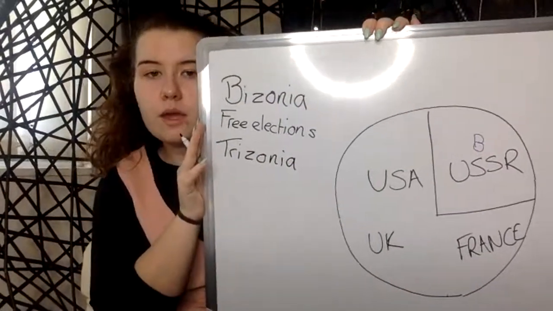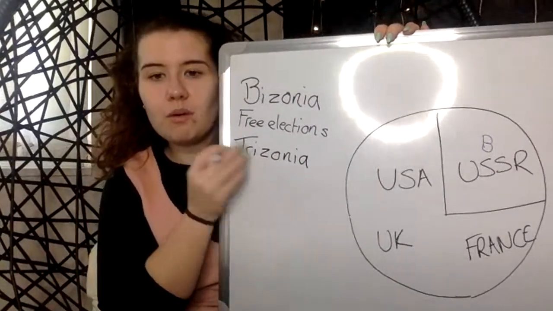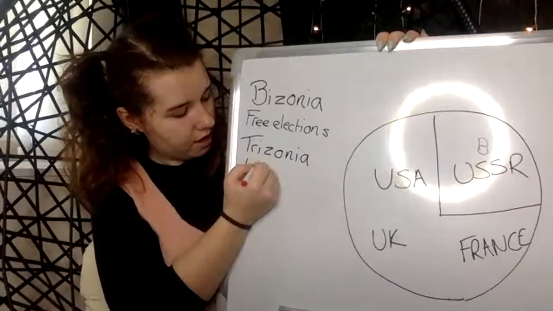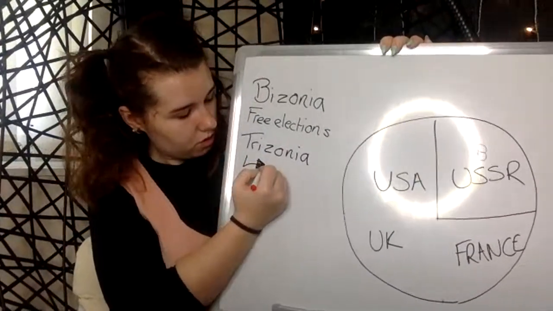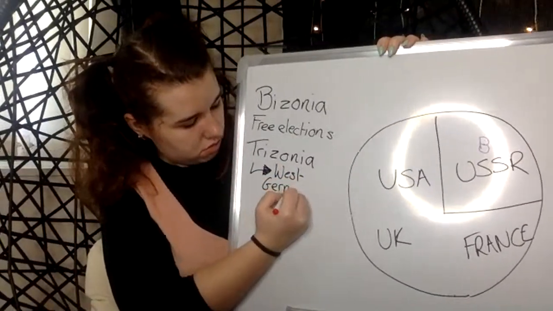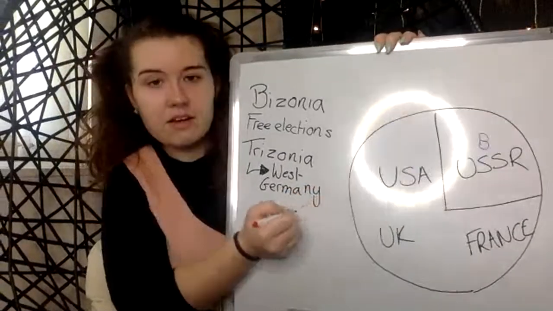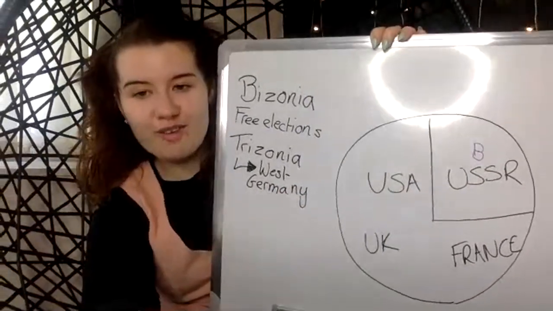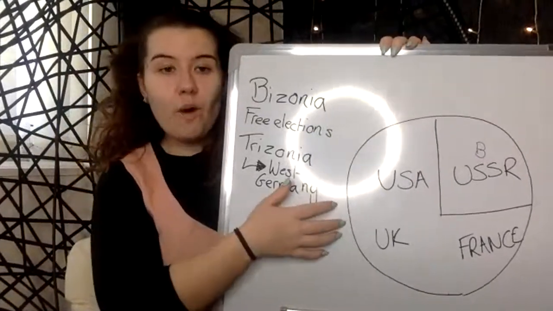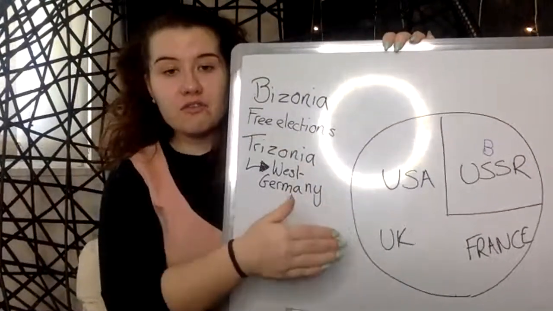This is why I need lines on my board. Trizonia effectively then creates West Germany. So yes, it is like Germany Pac-Man. So you've got West Germany and East Germany, and there is a clear divide.